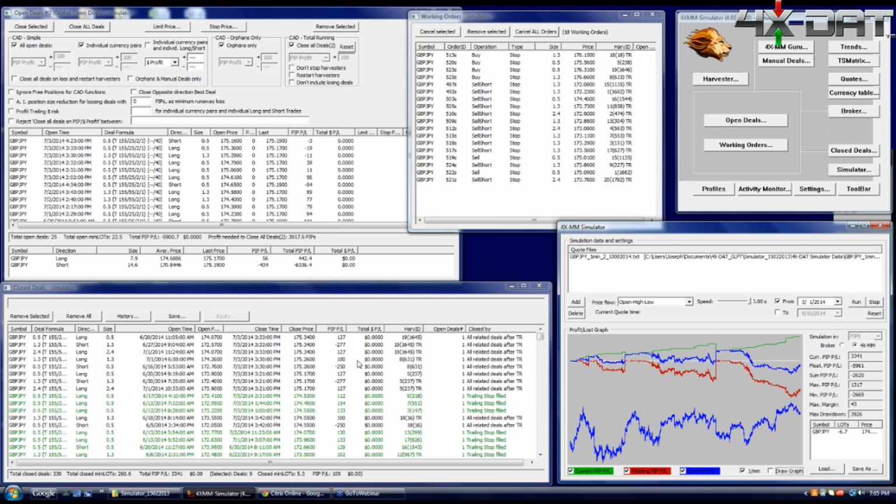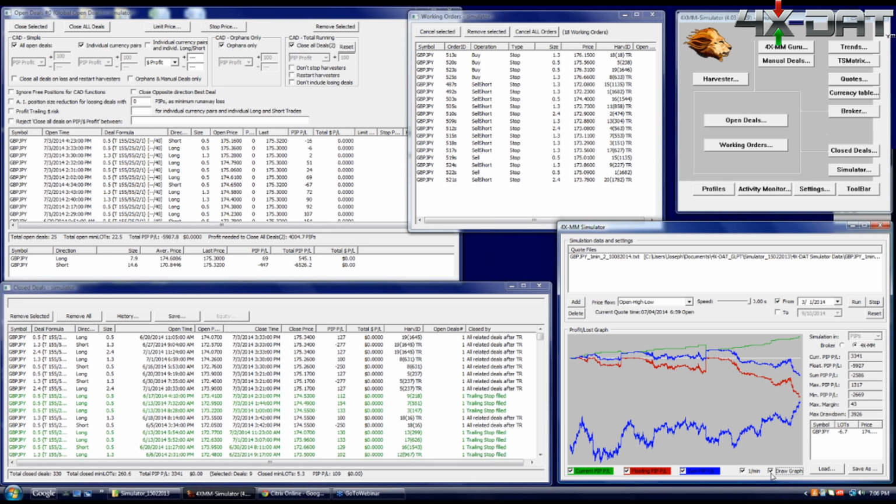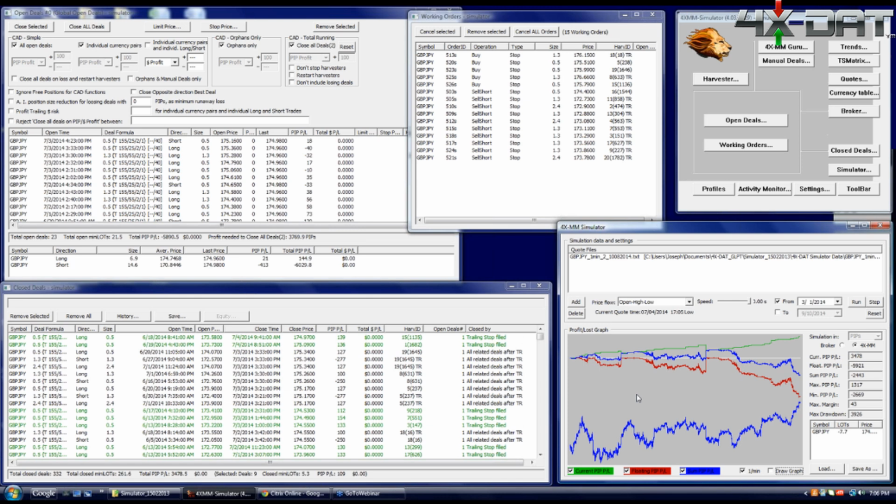So we're extending the drawdown a little bit because, well, we were probably on the short side. The market wants to go up. Let's see what happens, how we would be handling this.